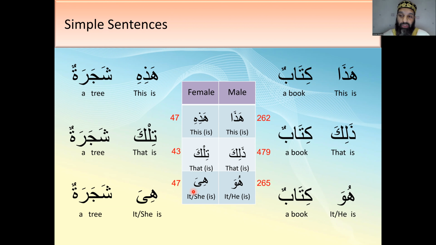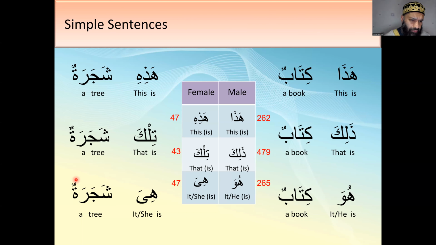So the masculine terminology is used for mixed groups. That's why Qul ya ayyuhal kafirun, or you who disbelieve, say or you who disbelieve, right? So in that example, kafirun, it's mixed, but kafirun is male terminology. It's a male plural, right?